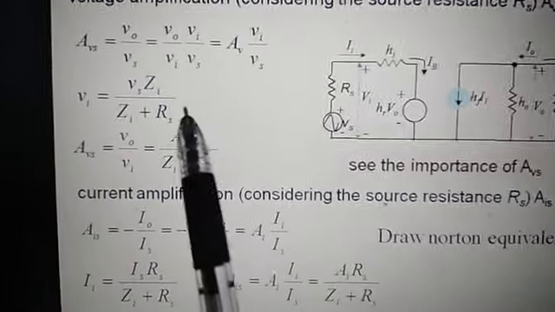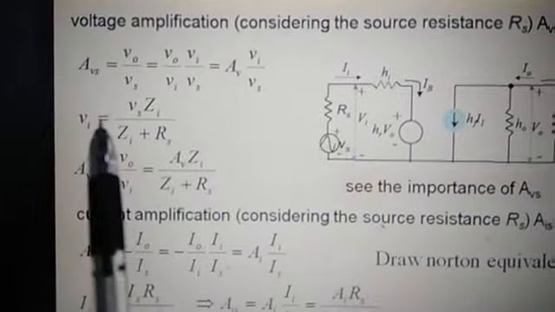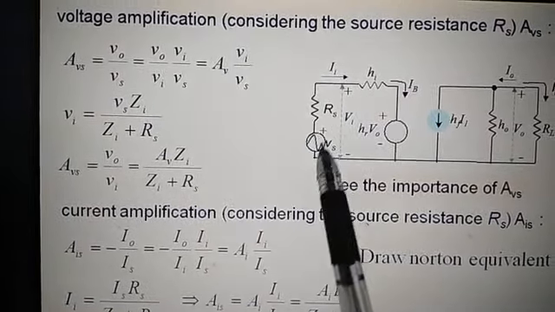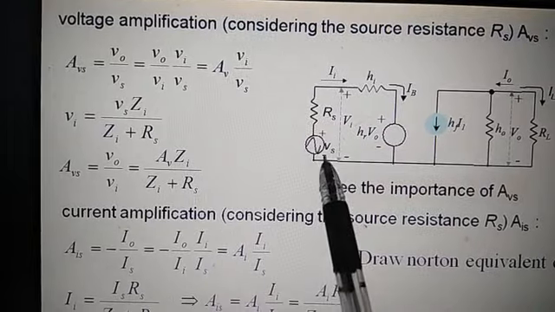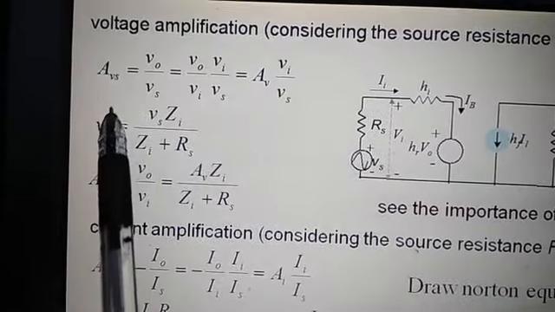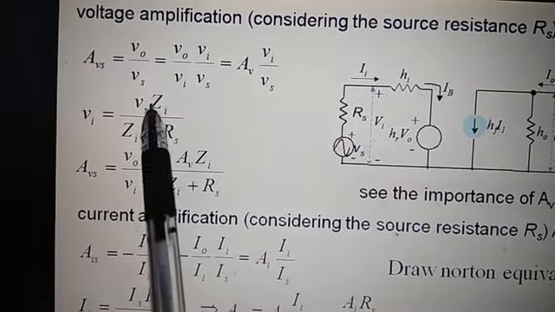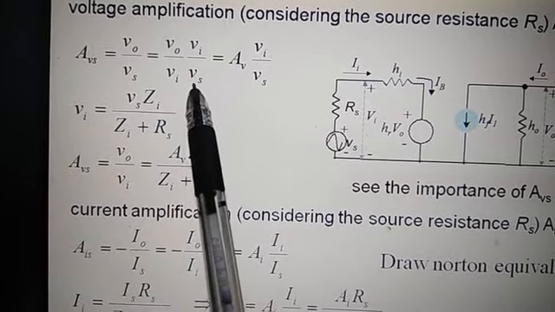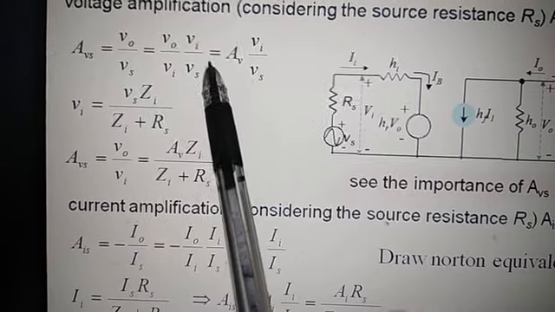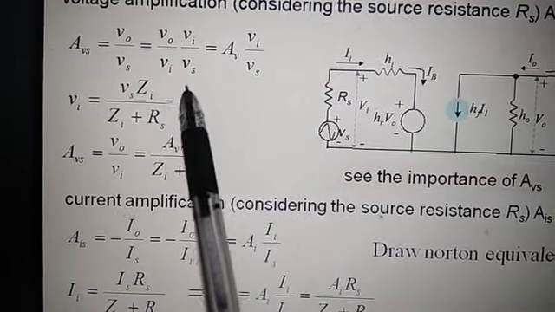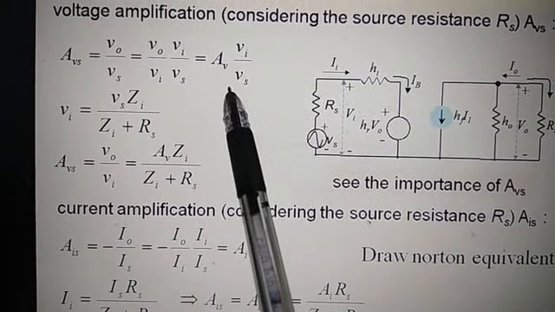Now this is the voltage amplification through the source. Considering the source resistance Rs and Vs, we get AVS. AVS is nothing but V0 upon Vs, that is V0 upon Vi and Vi upon Vs. V0 upon Vi we have already calculated as AV.